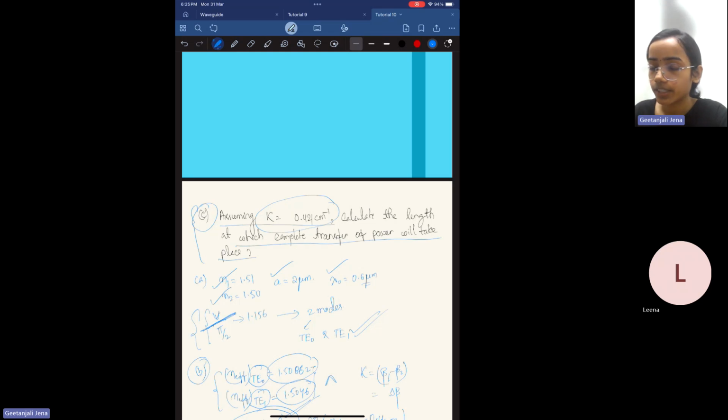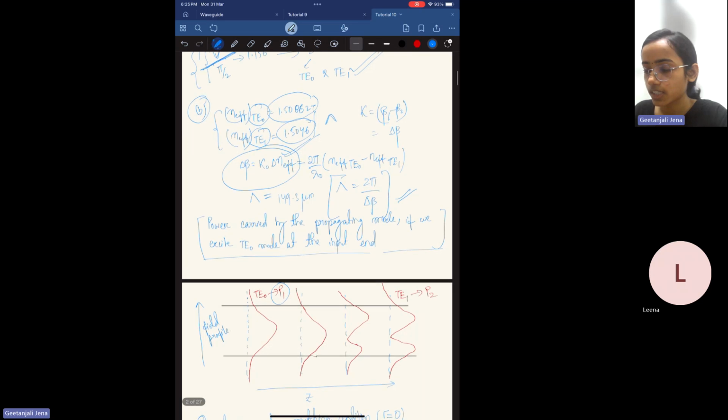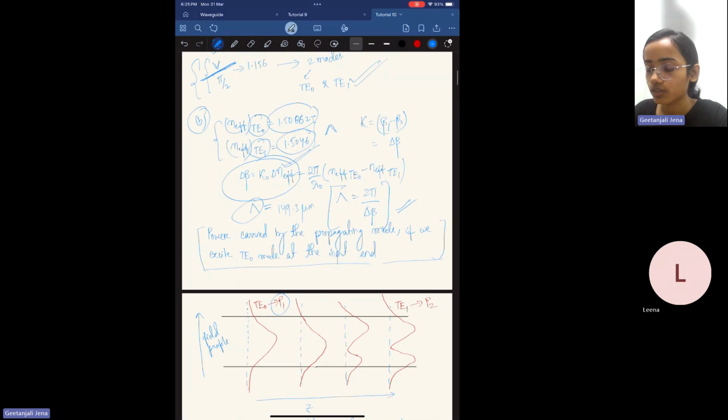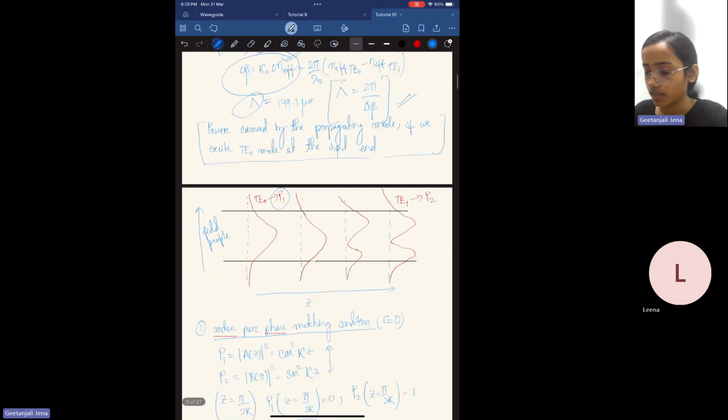It was asking at which distance all the power will be coupled to the TE1 mode if you excite the TE0 mode. For efficient coupling, we know the period. If you make the period in the fiber grating, then there will be a complete transfer of power.